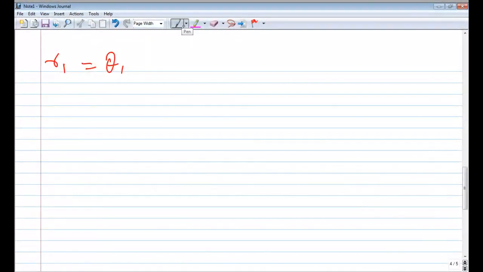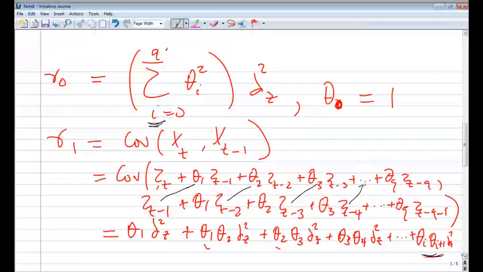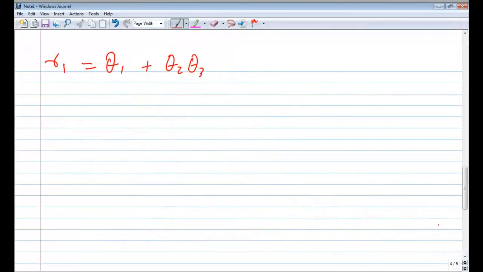So now plus theta 2, theta 3, is it? No, theta 1, theta 2, sorry.